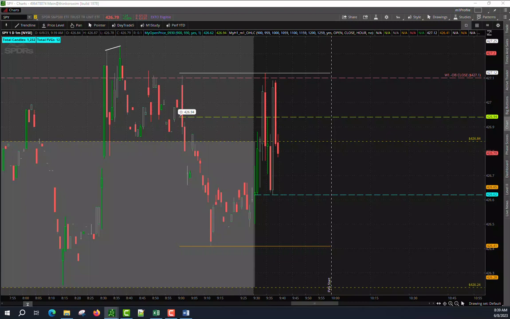So we try looking for a setup: order block, fair value gap, retest, or break a fair value gap retest. So our first one right here is the order block. Remember earlier we said order block right here.